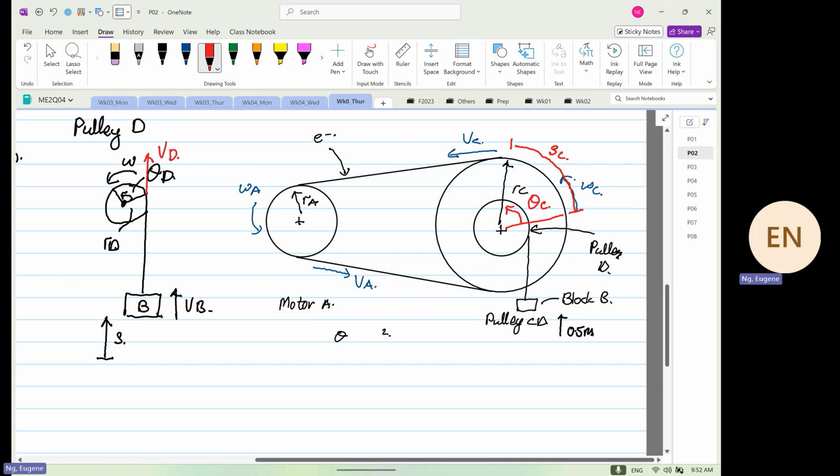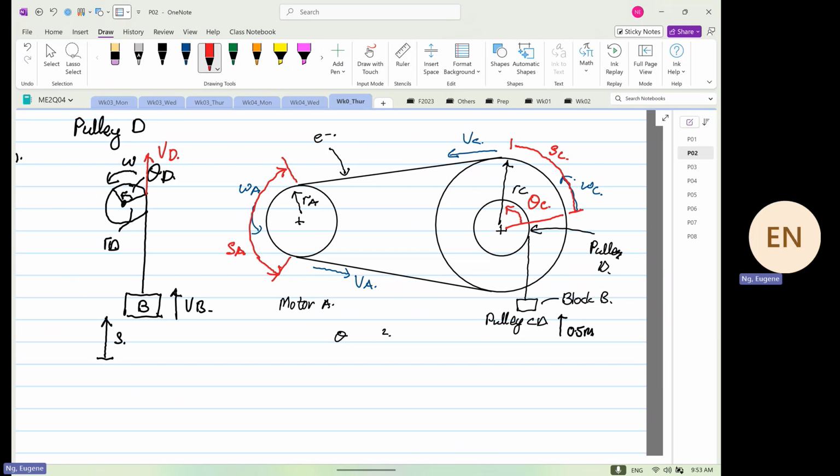And because the pulley will not slip, an assumption that we make, over here on motor A, it has to rotate by a certain distance. I'll draw a bigger distance. And this distance is equal to SA. So we did find a relationship from the block to the arc length of pulley C to pulley A.